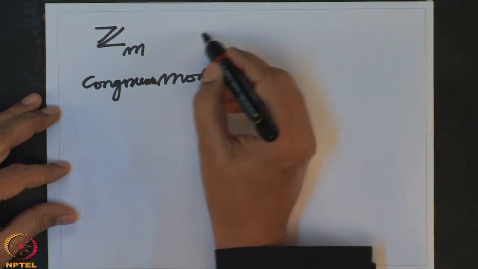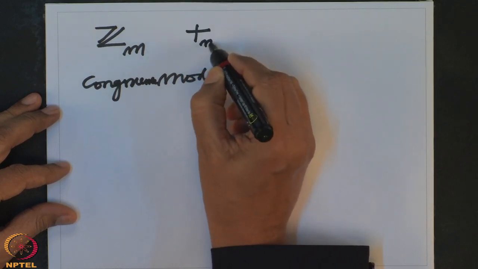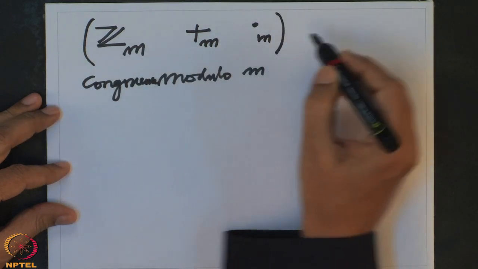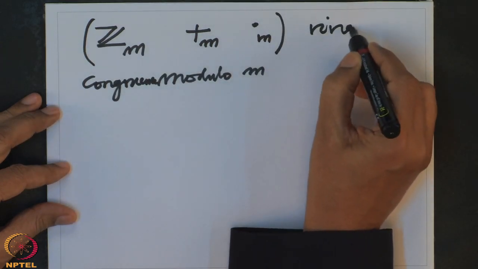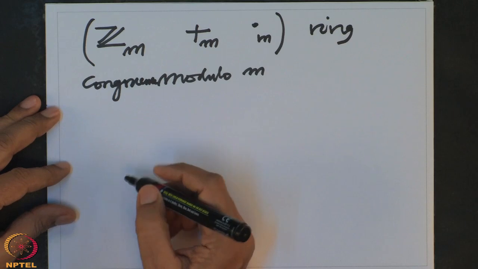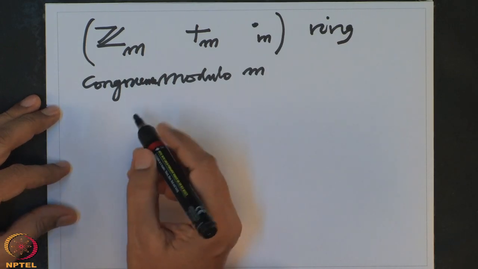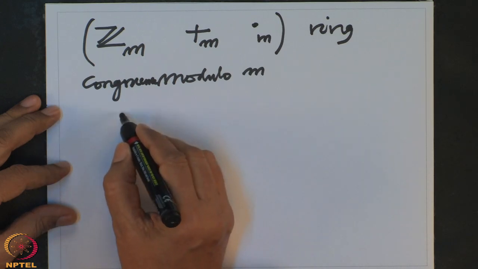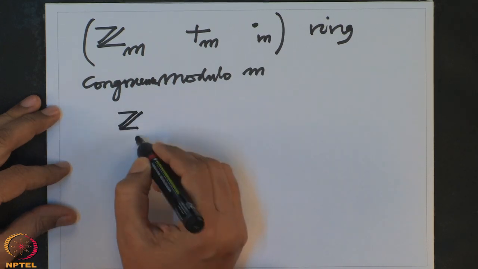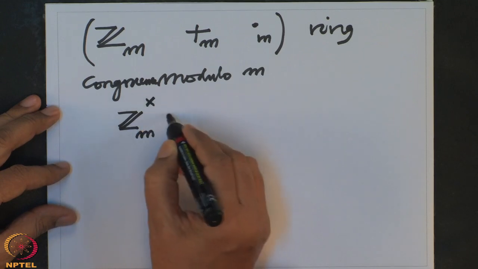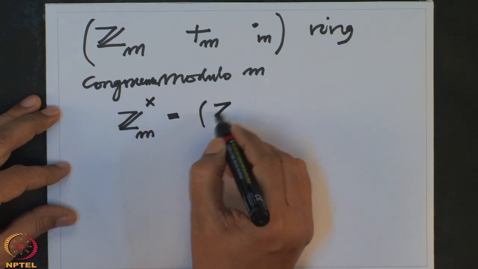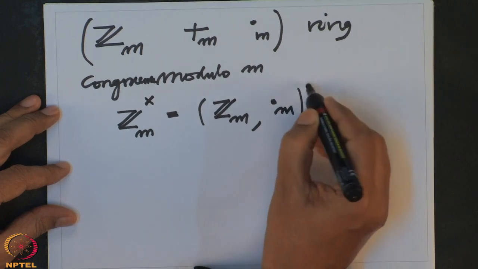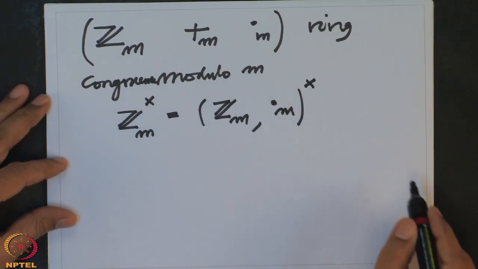So there are two operations, plus and dot, and with respect to that, we have seen it is a ring. And whenever we have a ring, we talk about the unit group of the ring. That is usually denoted in this case Zm cross. This means you take the multiplicative monoid Zm dot and take the units, the invertible elements in that monoid.